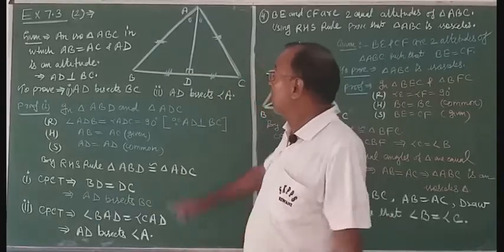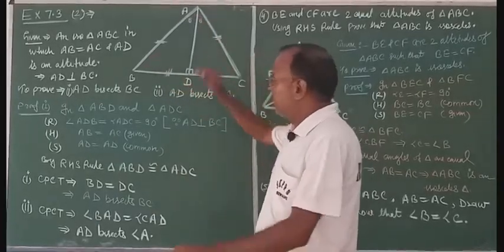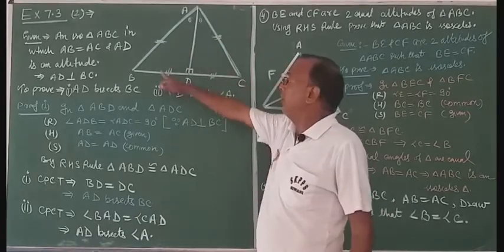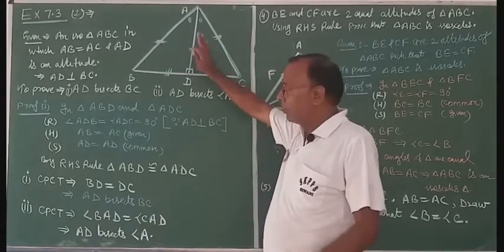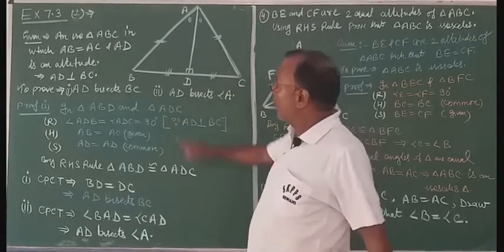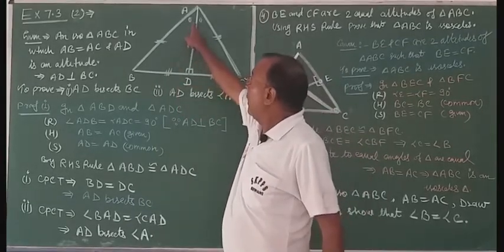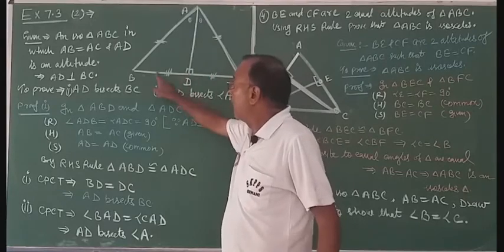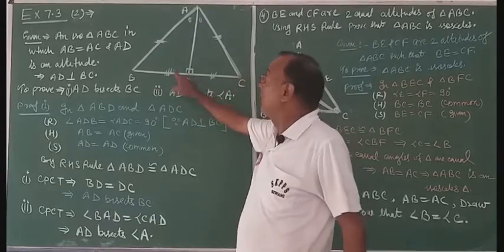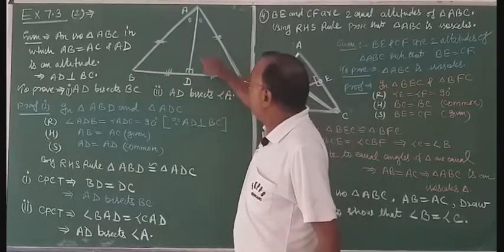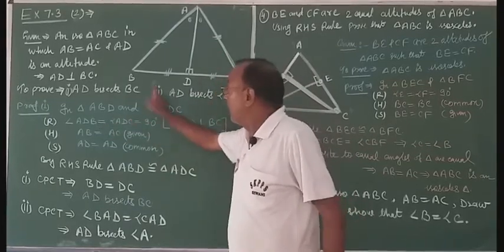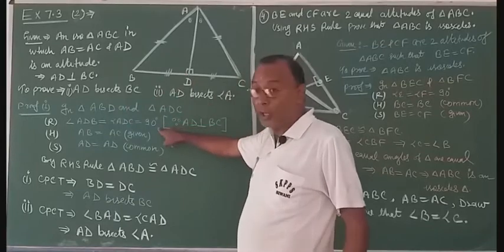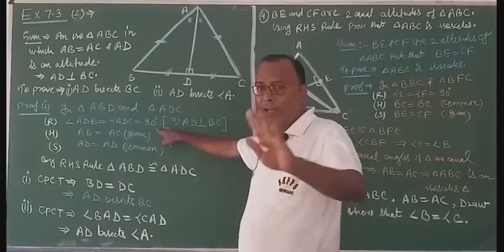Now just look here. There are two triangles, ABD and ADC. Just look at this angle ADB. How much is it? 90. And in triangle ADC, that is also 90. Angle ADB and ADC are both equal to 90 degrees. Why are they 90 degrees?